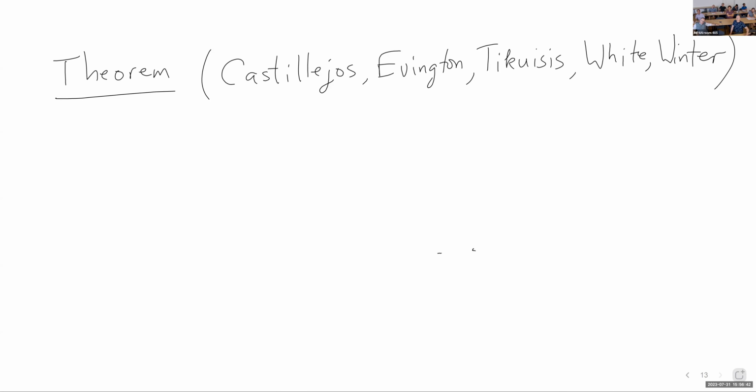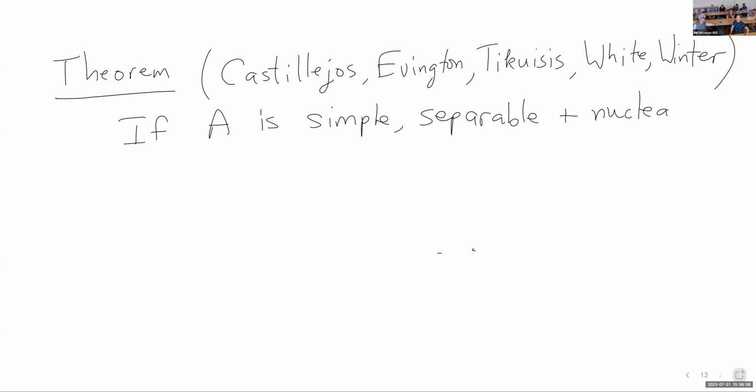If A is a simple separable nuclear C-star algebra, then being Z-stable is the same as having finite nuclear dimension.